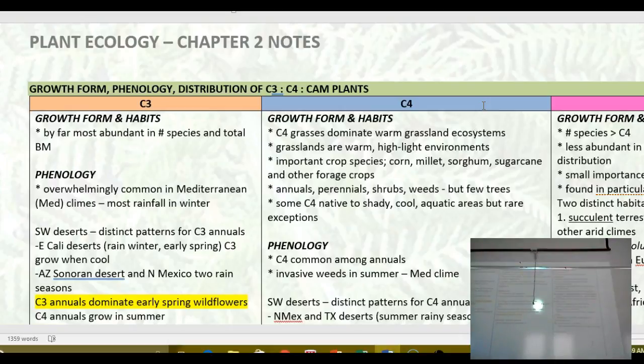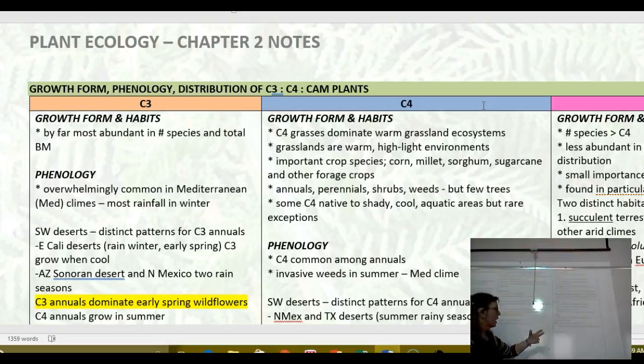So where do we find CAM where they do best? They're going to be in deserts with predictable higher levels of precipitation. There's seasons there, wet seasons, and that's generally where you're going to find a lot of CAM plants. In epiphytes, we find them in the tropics and subtropics.